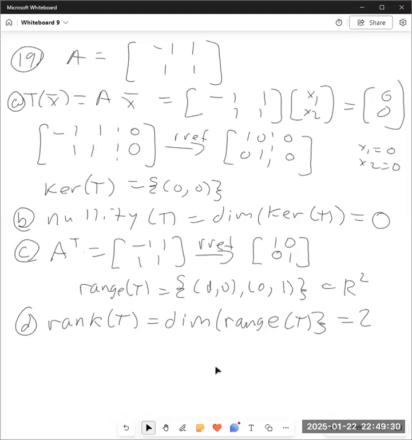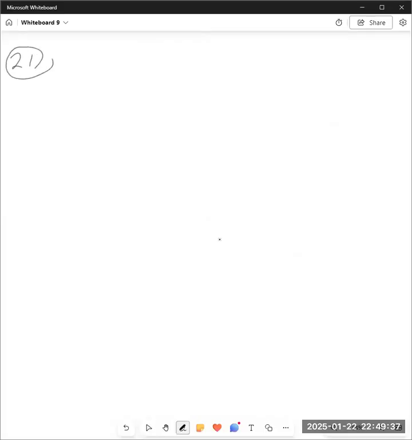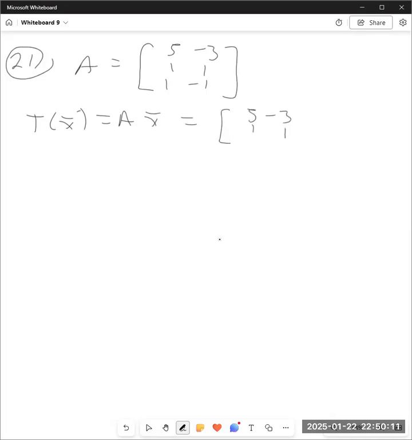So let's go ahead and look at number 21. A is given as [5, -3; 1, 1; 1, -1], and T of x is equal to Ax, which is that matrix times [x1, x2].